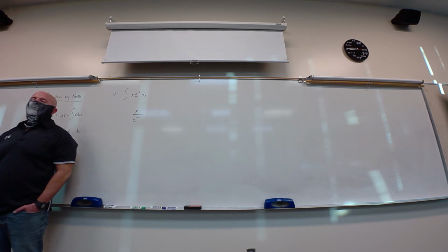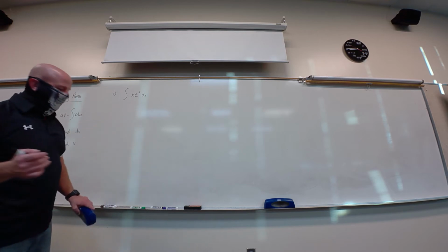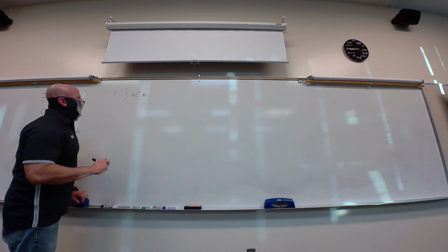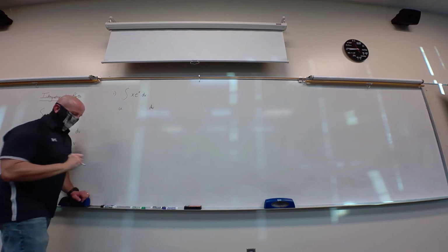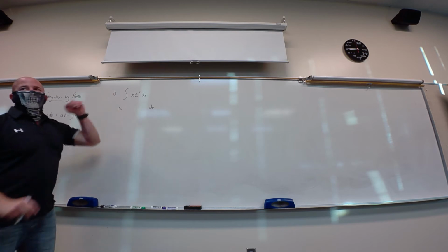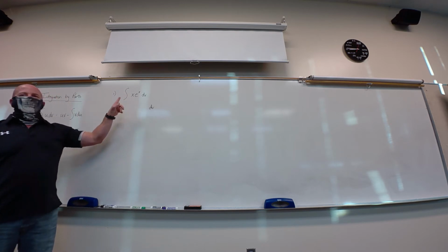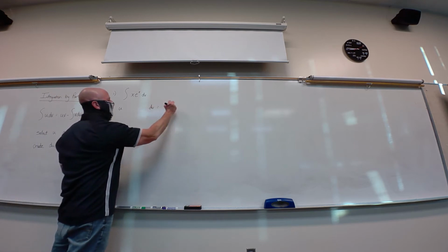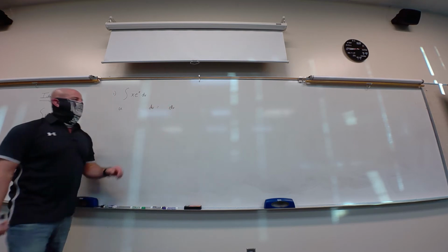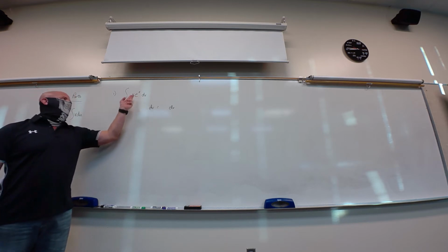Something like that. This is where parts come in. Right? So for my parts, I'm going to select the u, and I'm going to select the dv. u has to be x, e to the x, or the product. dv will contain the dx, so it's going to be x dx, e to the x dx, or the product dx.